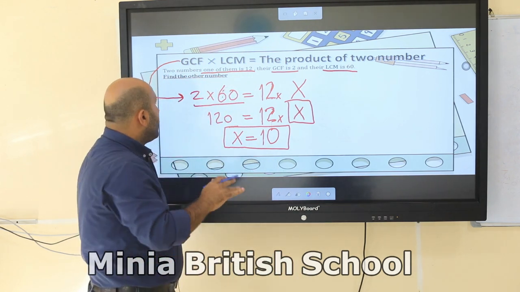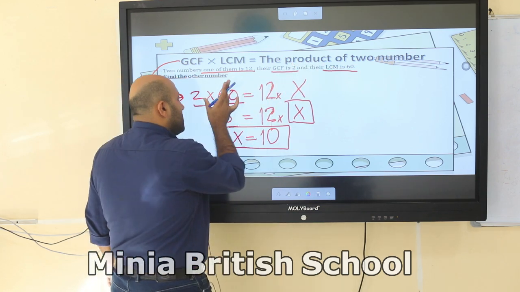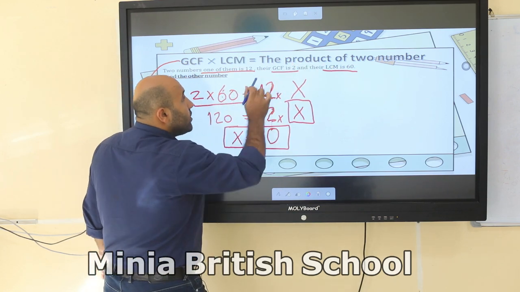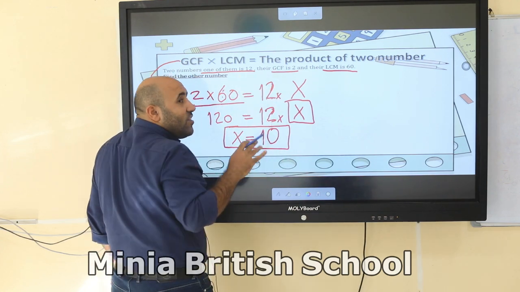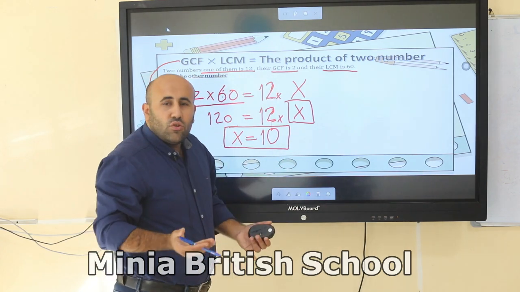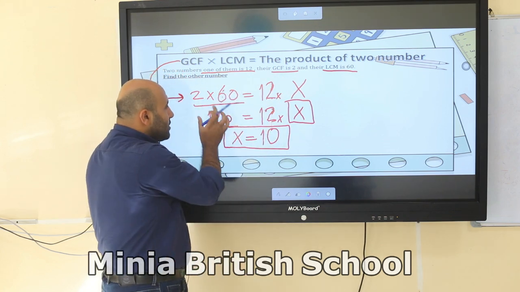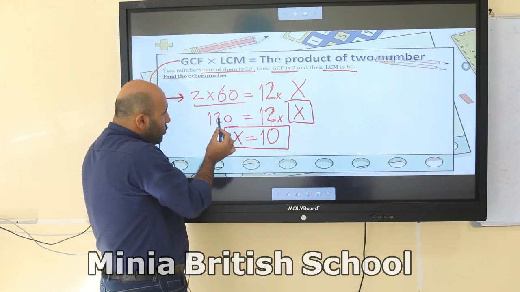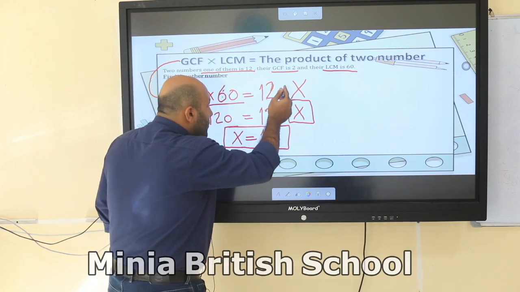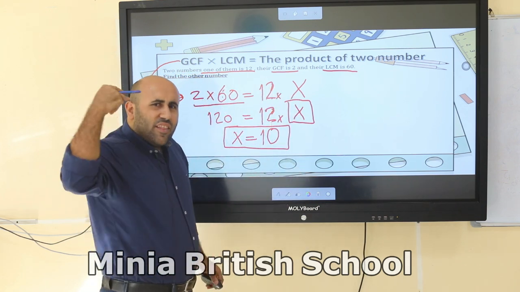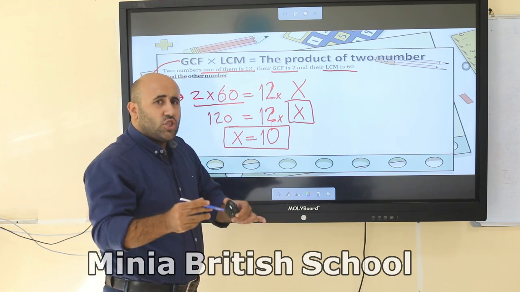Let's revise it together. First, write the GCF. Second, write the LCM. Write equals the product, that means times one of the numbers, 12, and the other number which I don't know, symbolize it as X. Do the multiplication: 2 times 60 equals 120, and drop the 12 as it is, drop the X as it is, and think about it according to the multiplication facts.